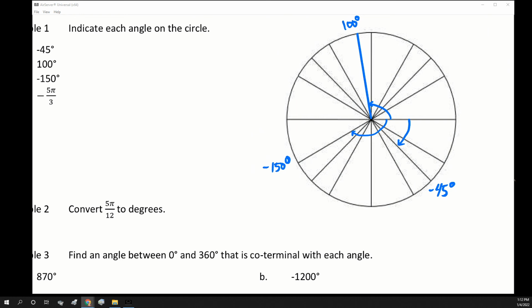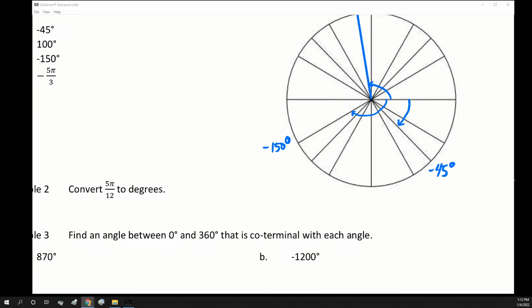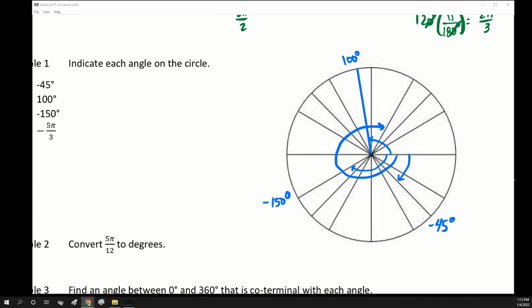All right, and then lastly, negative 5 pi over 3. So if I look at these angles, positive 5 pi over 3 is this amount of rotation. So we're going to do that in the negative direction. So it is going to be this amount.